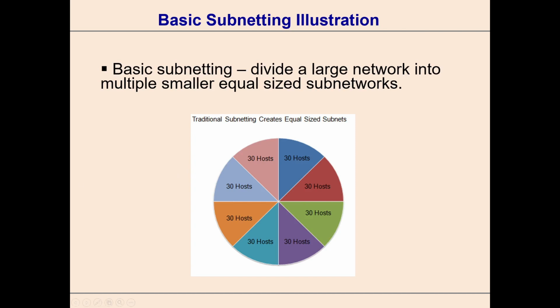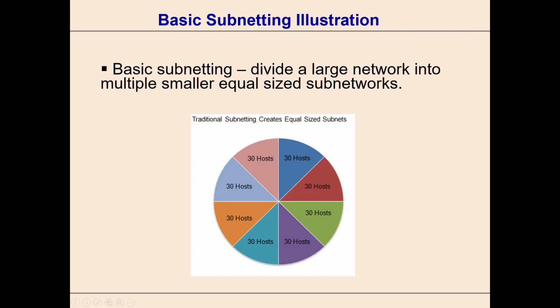But actually, you need 5 smaller networks, and each network only needs 30 users. So we can divide the given Class C network into 8 smaller networks, just like dividing a pizza into 8 pieces. And the basic subnetting is dividing a large network into multiple smaller equal-sized subnetworks.